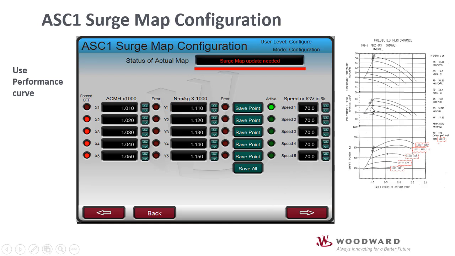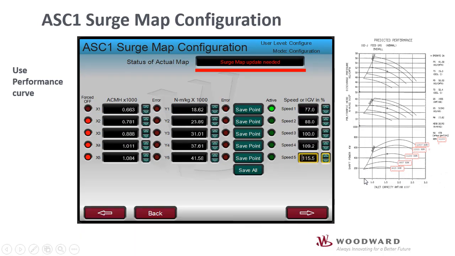So calculate these values. You can use a ruler or some software to figure out those points. Corresponding to this point, the Y factor is your polytropic head, that will go over here. The X factor is your flow, which is on this axis. It will go on this side.